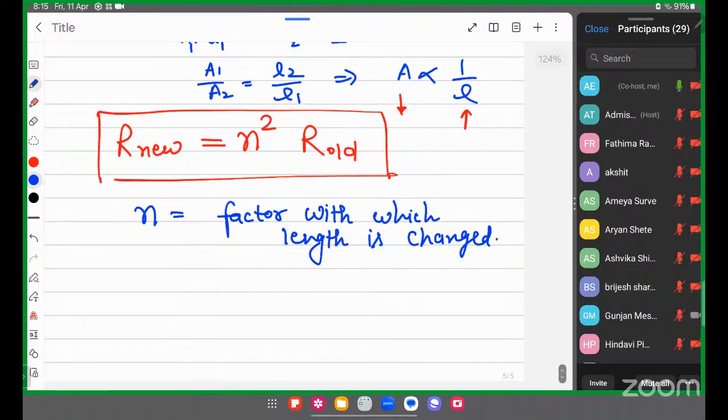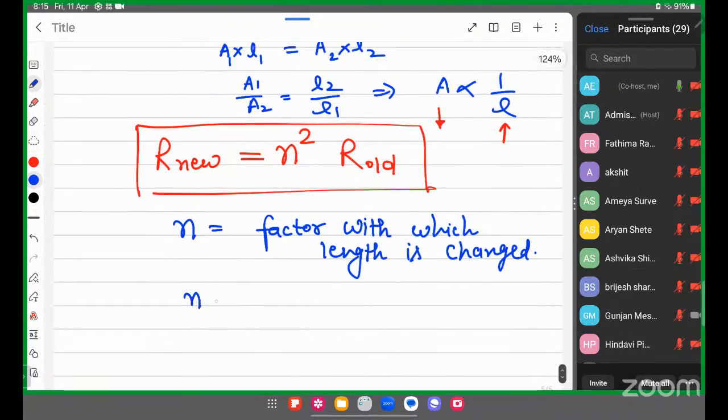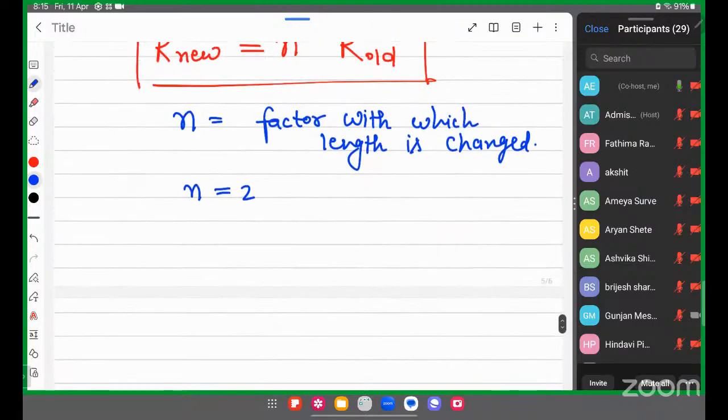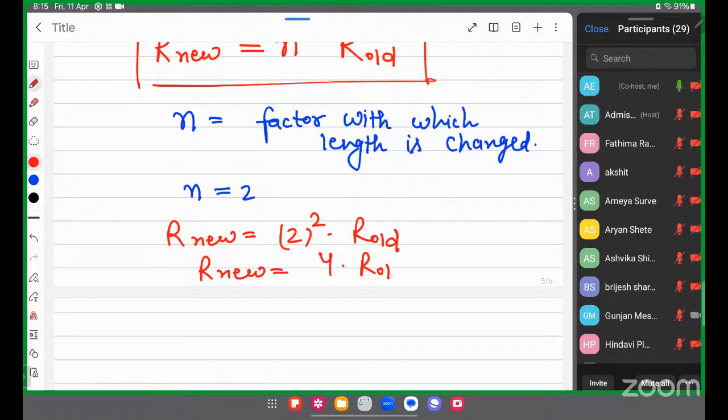In this case, I have doubled the length. So the n factor is 2, and according to the relation, R new will be 2 square times R old. That is, new resistance will be 4 times greater than the original resistance of the wire.